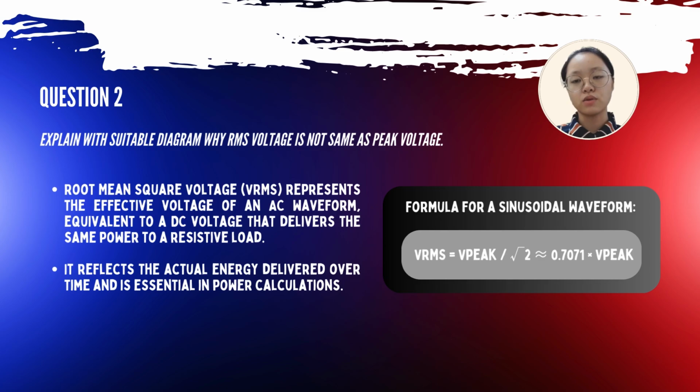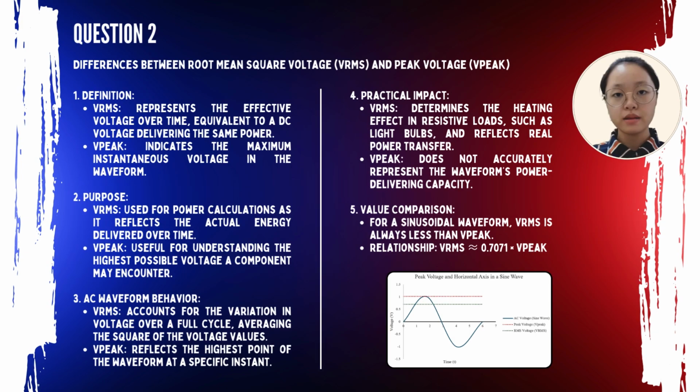It considers the voltage variation throughout the waveform. In sinusoidal waveforms, RMS voltage equals peak voltage divided by square root 2, which is approximately 0.7071 times peak voltage.